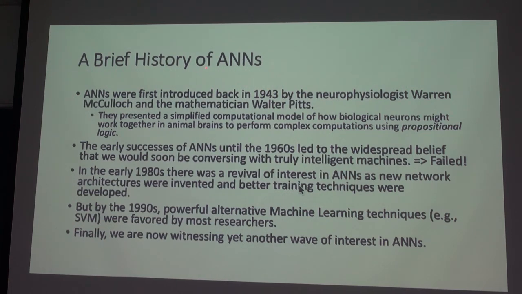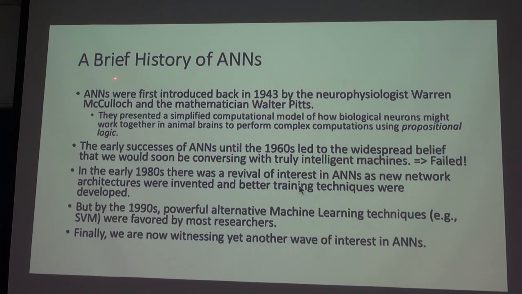So the ANN, or AI, can be traced back to when it was first introduced back in 1943. Think about that. 1943 is like 70 years ago, right? Of course it's not like a couple of centuries ago, but it's still a very, very long time ago, right? It was introduced by the neurophysiologist Warren McCulloch and the mathematician Walter Pitts.